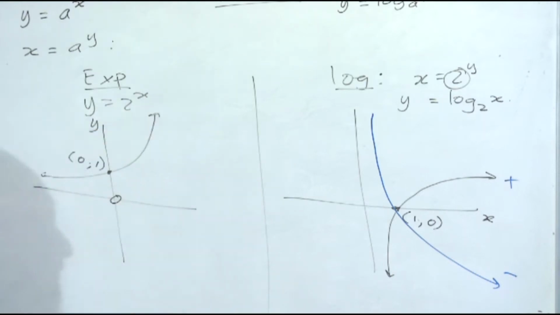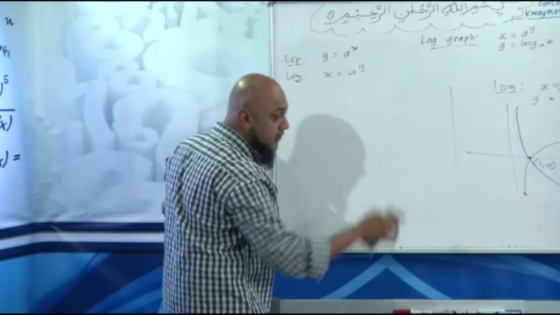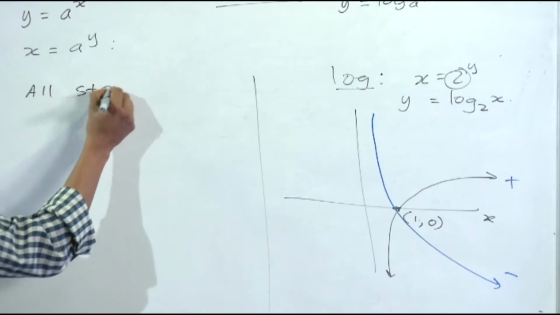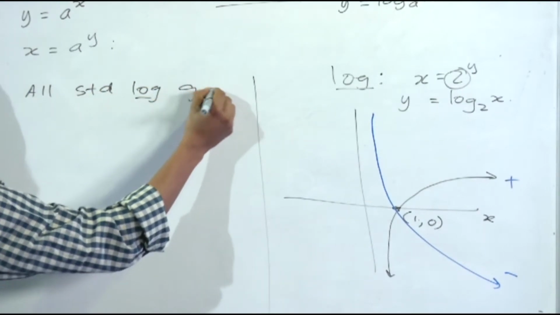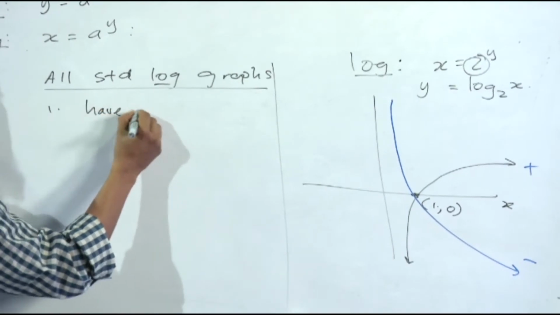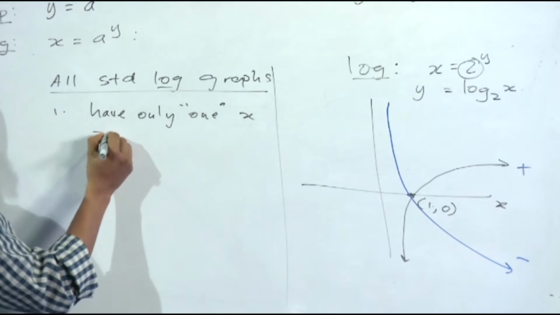So now let's do the theory with regard to the log graph. The theory is that all standard log graphs, point number 1, have only one x-intercept.